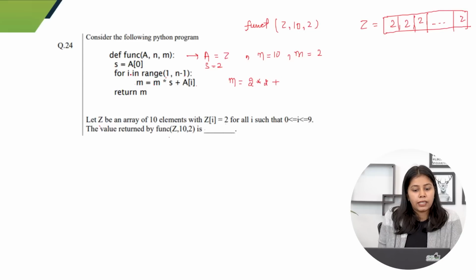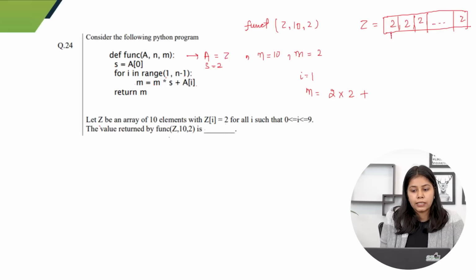Let's go through the loop. If I is equal to 1, then M star S would be 2 into 2 plus A of 1.